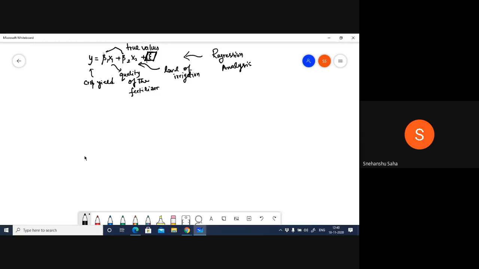So there are some tests which are extensively conducted to measure the goodness of the model, and one such test is known as analysis of variance, or ANOVA. This is conducted if your explanatory variables are qualitative, so if your x1 to xk are qualitative.